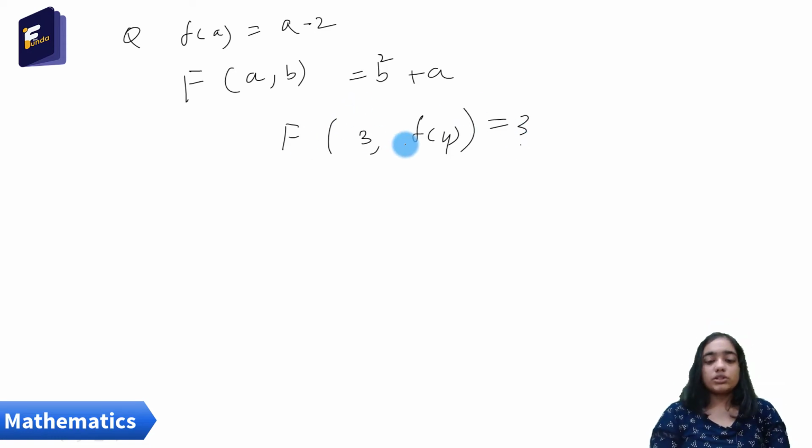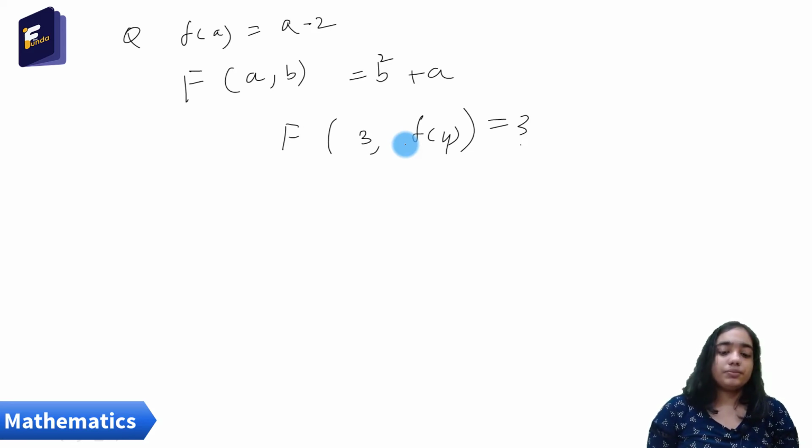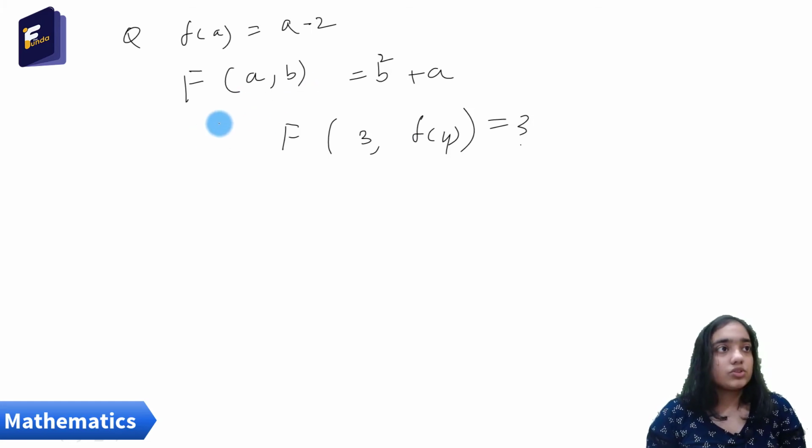You may pause the video. It is a very simple question, try to solve it. First we have to find small f of 4. f of 4 equals 4 minus 2, which equals 2.